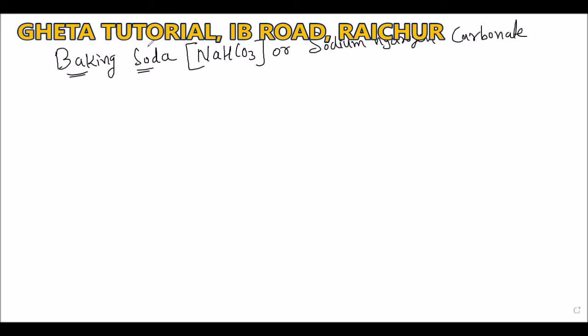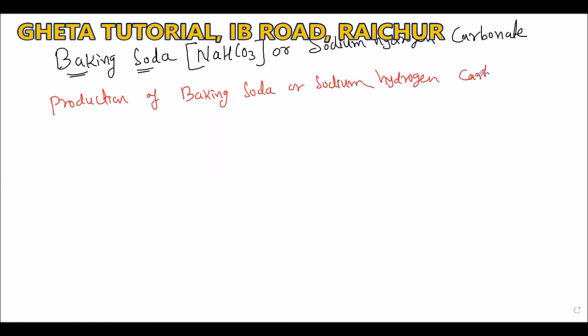So, how to produce baking soda, or sodium hydrogen carbonate? It's very simple. For that we require brine. What is meant by brine? The aqueous solution of sodium chloride.